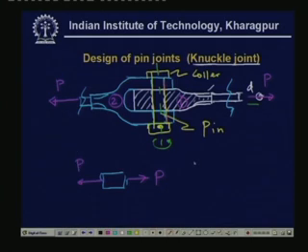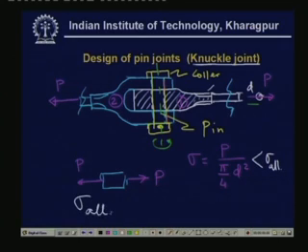The normal stress is P divided by the area, pi by 4 d square, where d is the diameter of this rod, and this sigma must be less than sigma allowable. Sigma allowable is equal to sigma ultimate divided by some factor of safety.